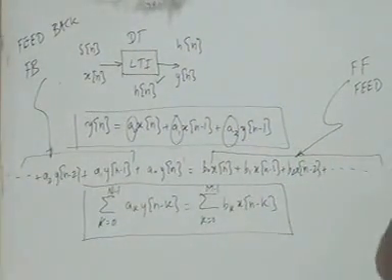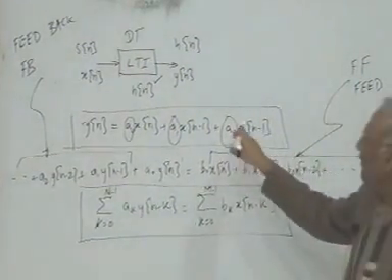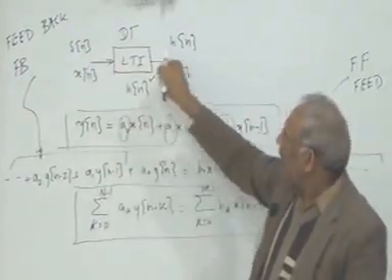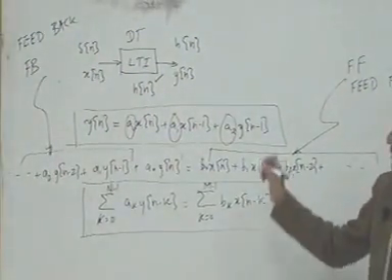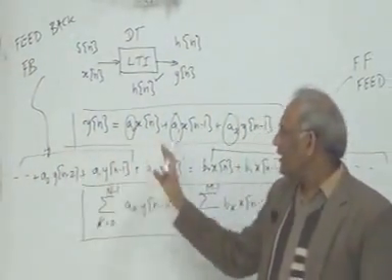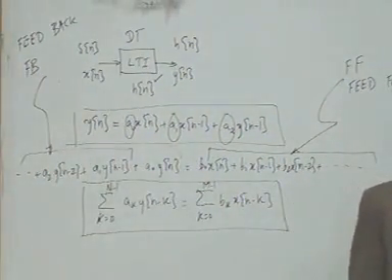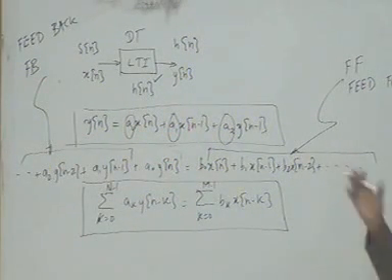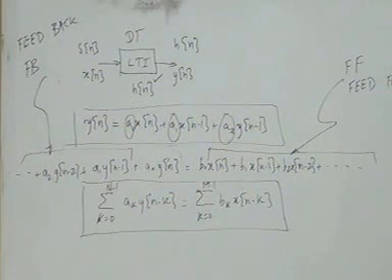So we store the previous output and, with some scaling factor, add it to the previous input and present input to compute your present output. So this term is your feedback term. All the y of n minus anything, n minus 1, n minus 2, are the feedback terms, right? These are basic things, and we will keep coming across these terminologies again and again. I will keep explaining all the terminologies once we come across them.